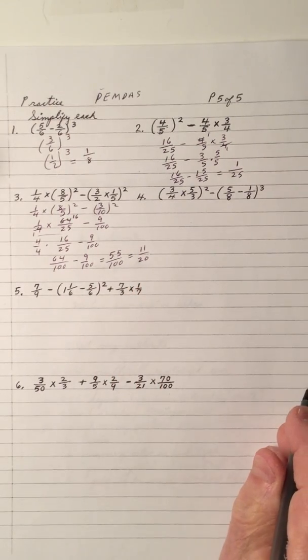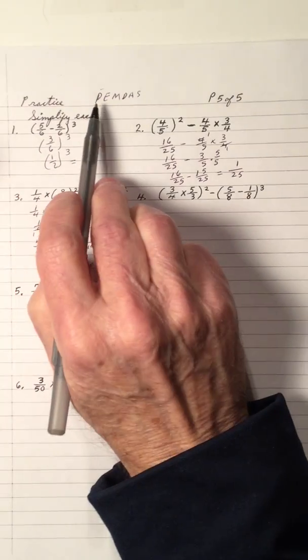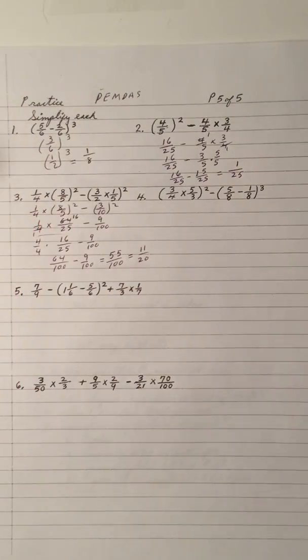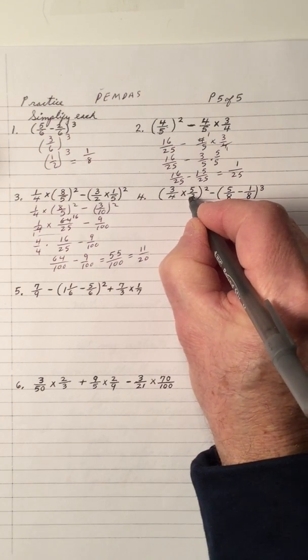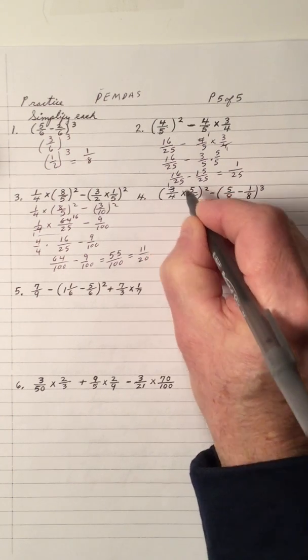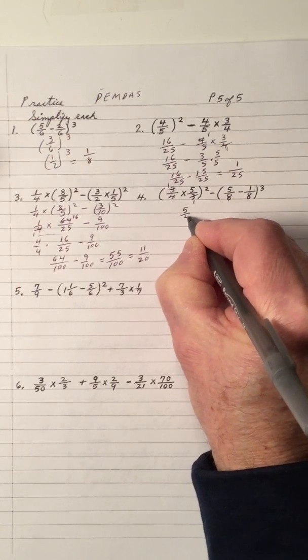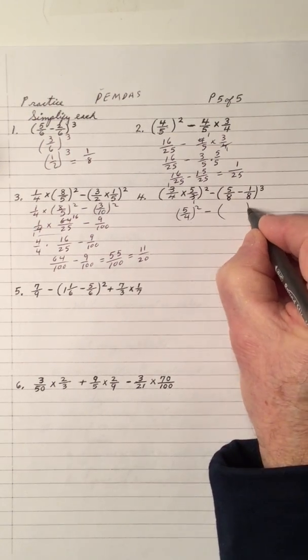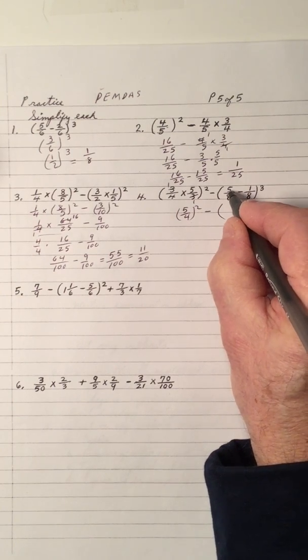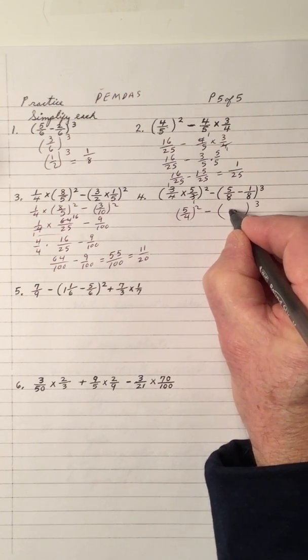Number 4. PEMDAS, I got to do my brackets first. So multiplication, I cancel if I can. Yes, 3's will cancel out. I get a 5 over 4 squared. Subtract. Do inside of the bracket. I get 4 minus 1. Common denominator is 8.